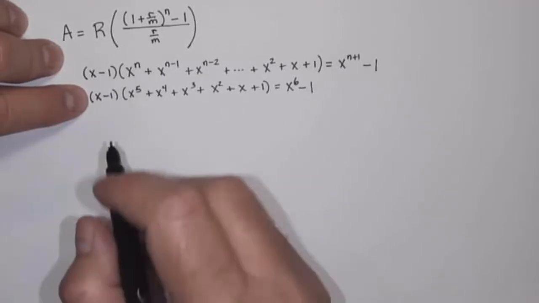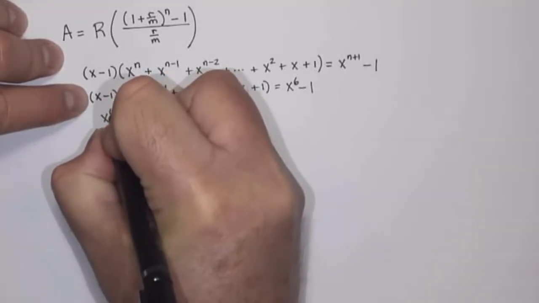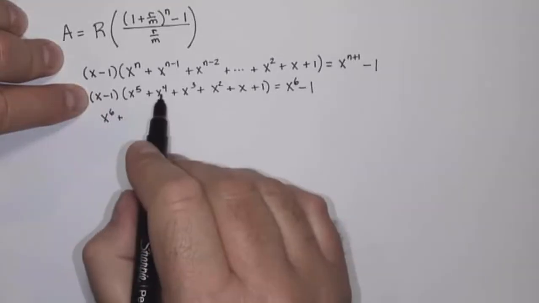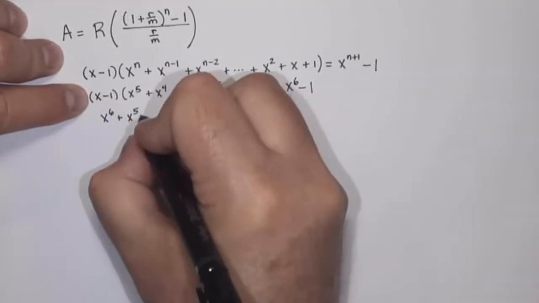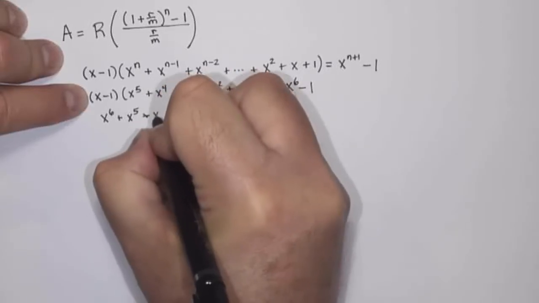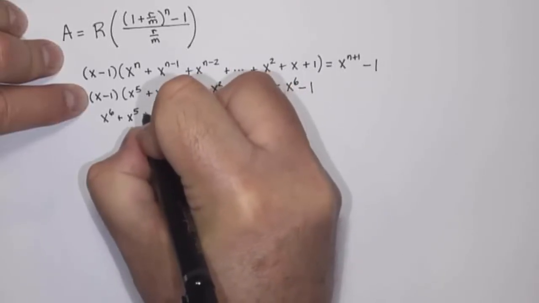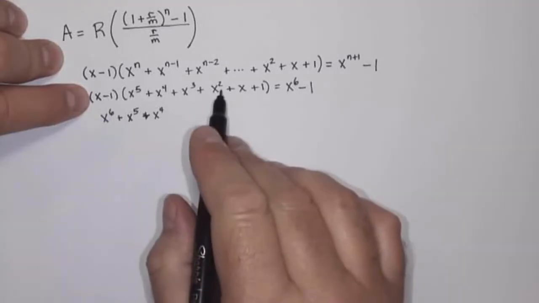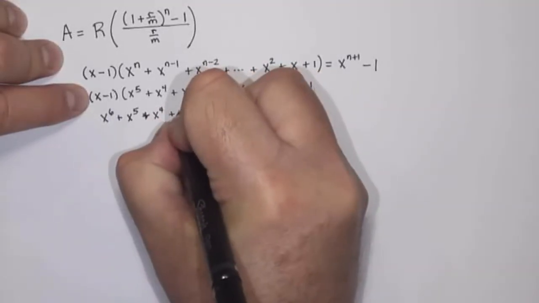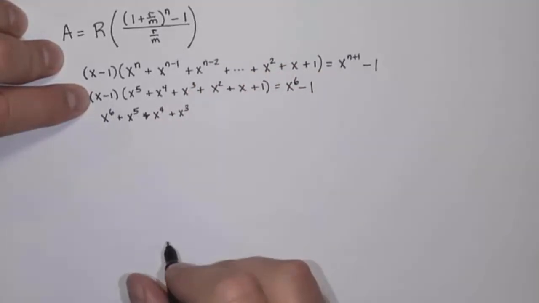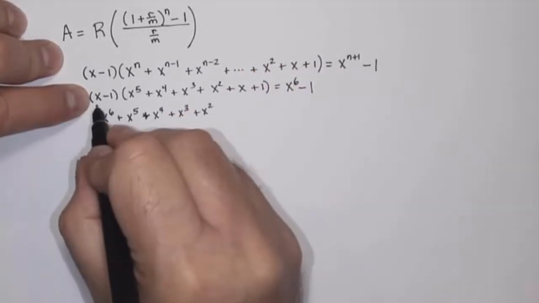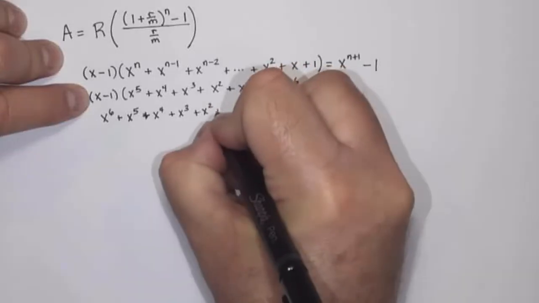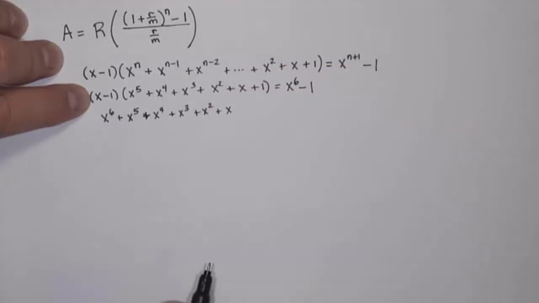So x times x to the 5th would be x to the 6th, plus x times x to the 4th would be x to the 5th. x times x cubed would be x to the 4th, so plus x to the 4th. x times x squared would be x cubed, so plus x cubed. x times x would be x squared. x times 1 would be just x, so plus x.